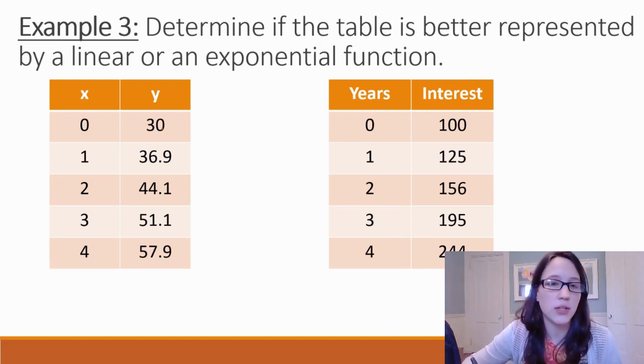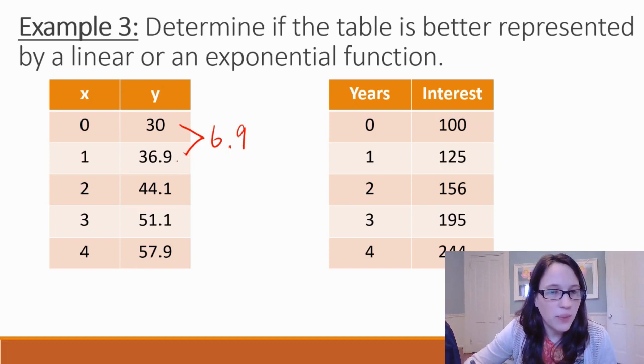So let's take a look at this first one. We're going from 30 to 36.9. So what did we just go up by? Well, 36.9 minus 30 is 6.9. You might need to do a little bit of subtraction for some of these, but if we're going from 36.9 up to 44.1, I just went up by 7.2.